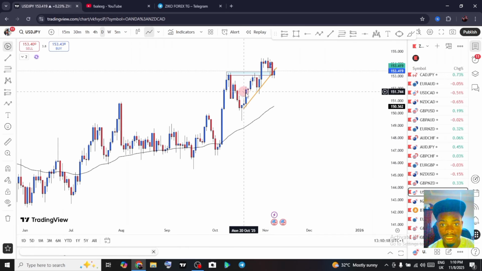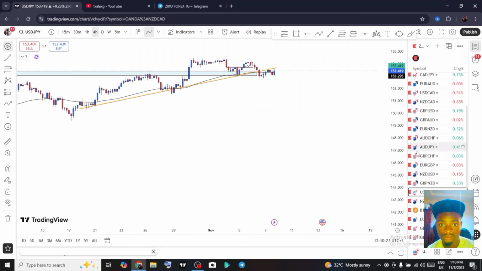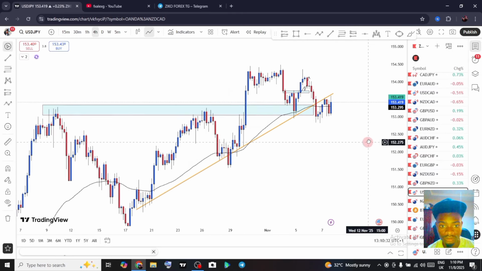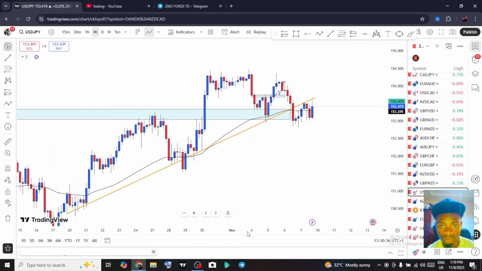All right, USD JPY, bullish on the daily time frame, weekly time frame also bullish. What's the 4 hour time frame? Bearish, bullish, bearish. So the 4 hour time frame is bearish actually.